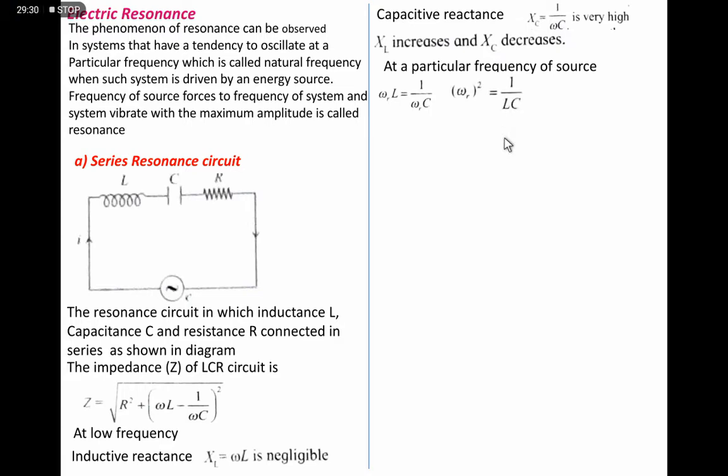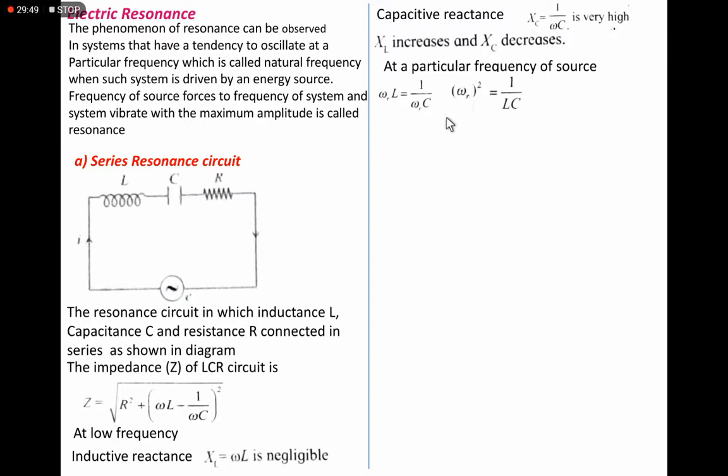Omega r is the angular frequency of the coil rotating in the magnetic field. The AC generator is a coil in the magnetic field and we are changing its frequency. Therefore, at the particular angular frequency, they become equal.